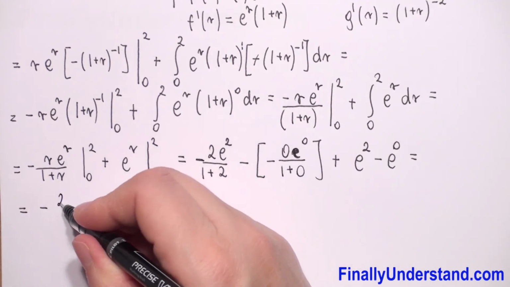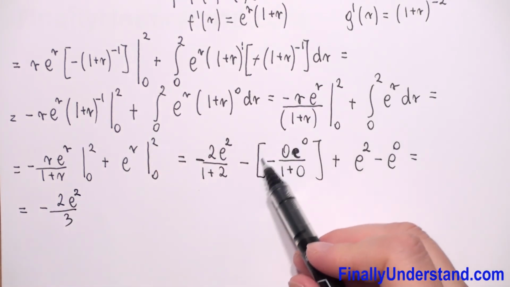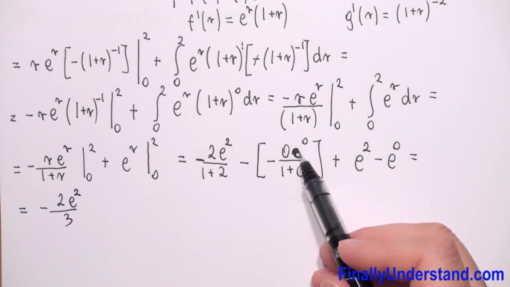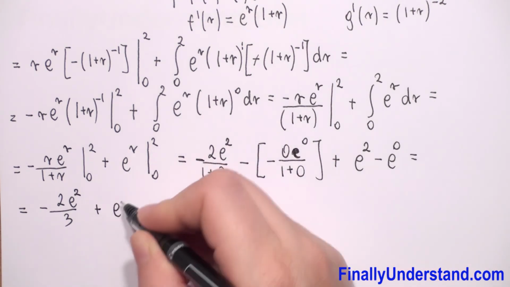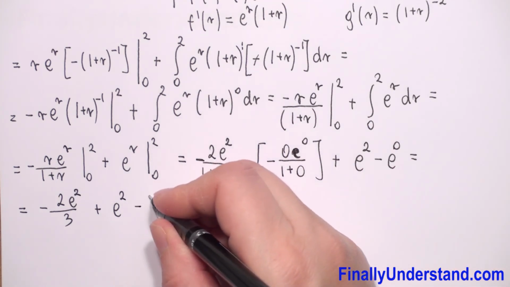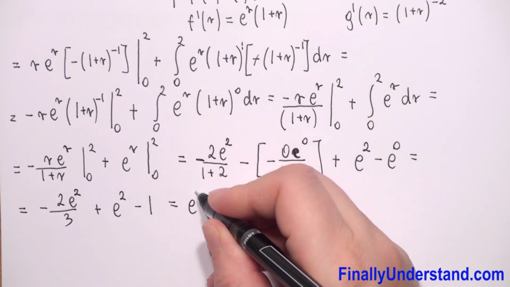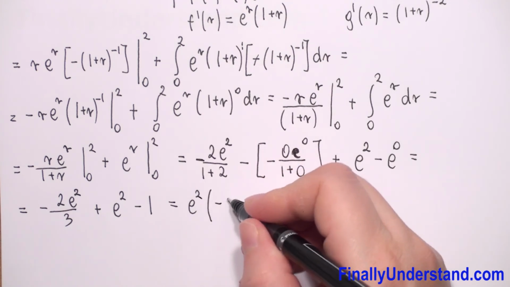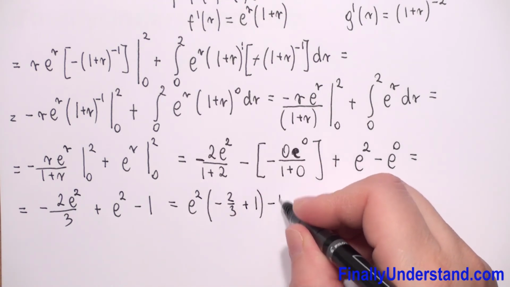This is equal. We will have negative 2 times e to power 2 over 3. This expression will be 0 because 0 times whatever we have here will be 0. So now we have to put plus e to power 2, and we have minus e to power 0, which is 1. So this is equal. We can factorize e to power 2. In parentheses we will have negative 2/3 plus 1, and we have negative 1.